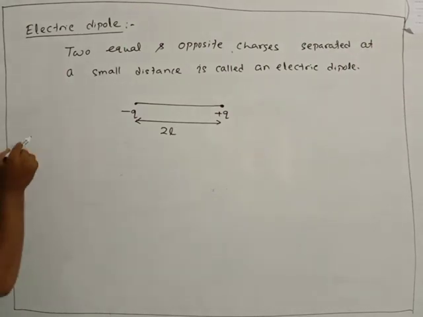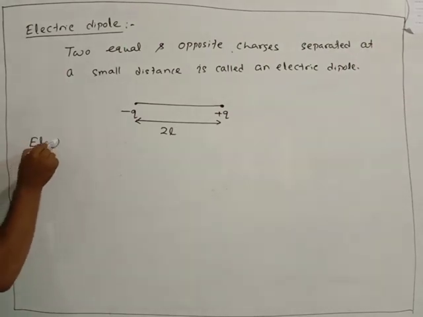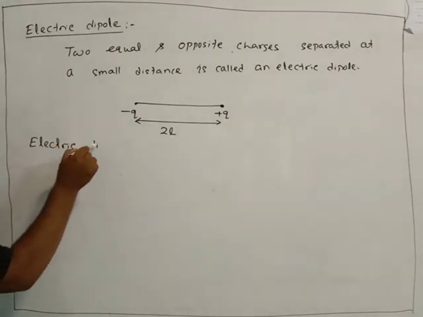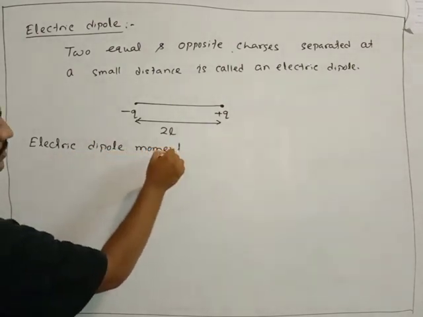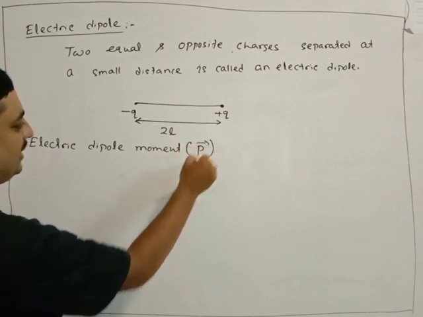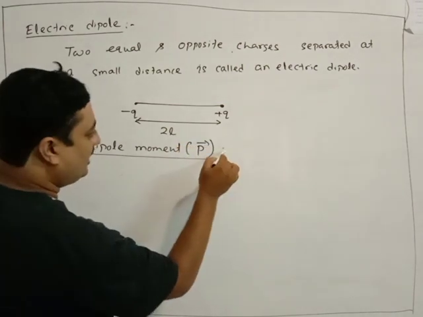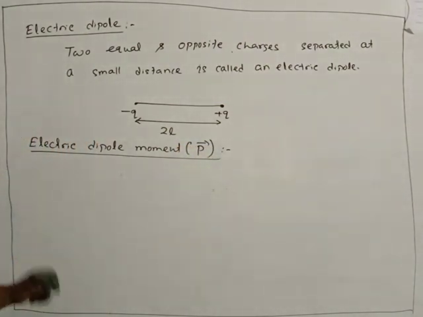Next we'll go for electric dipole moment, denoted as P. So what is electric dipole moment?